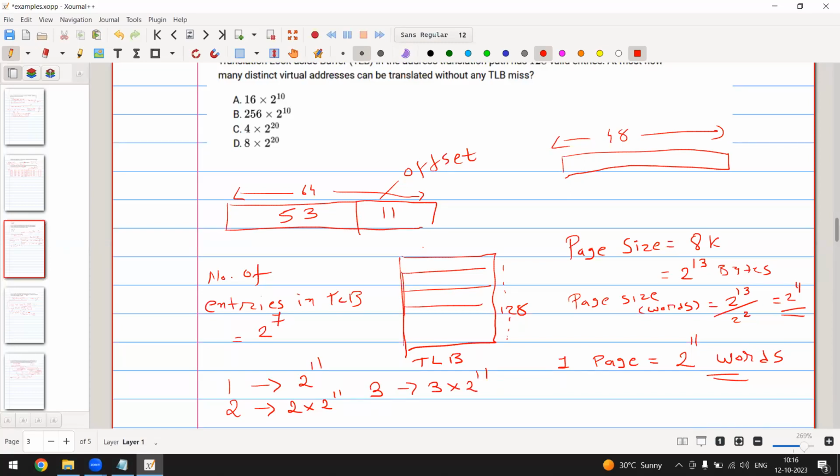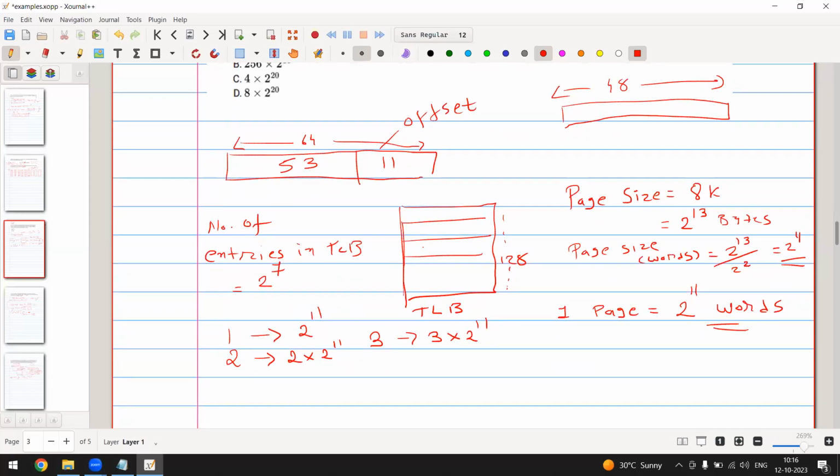Likewise, how many pages are there in the TLB? As we know, the TLB contains 2 raised to 7 pages. It's given as best case, right?